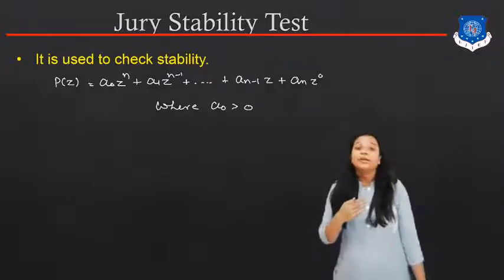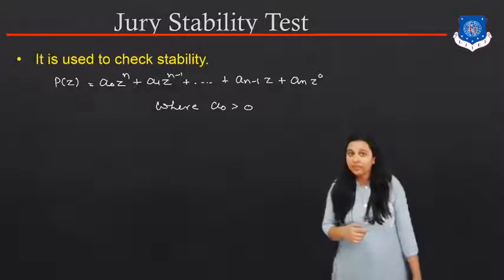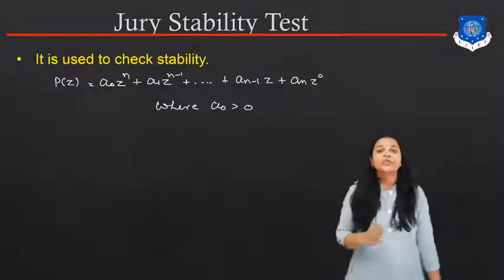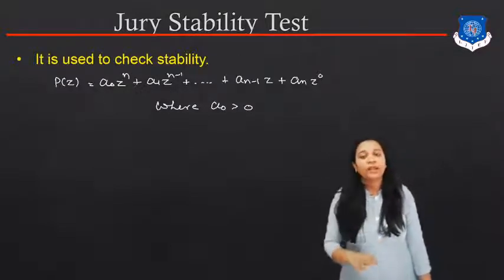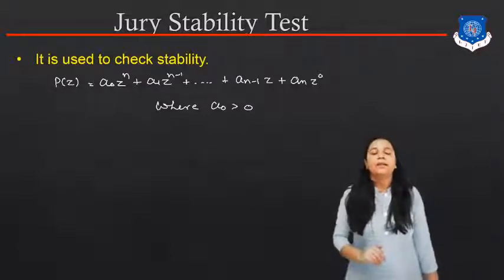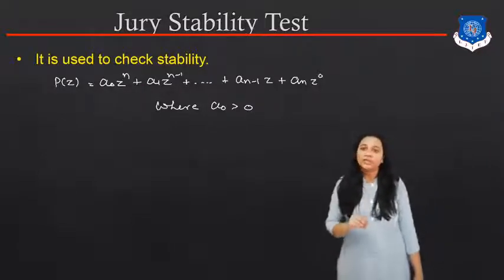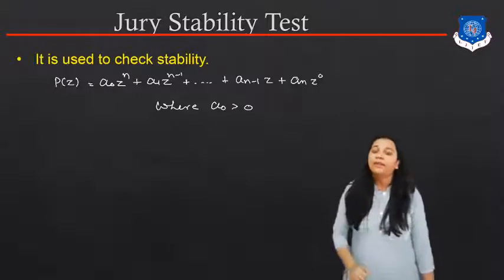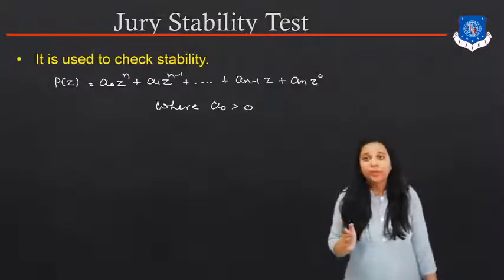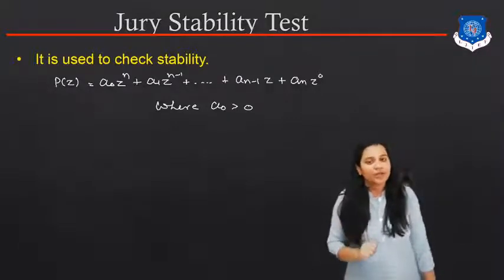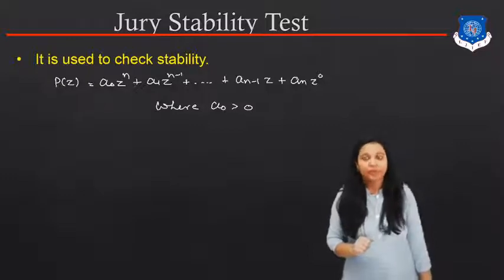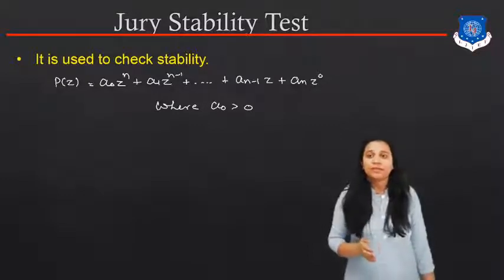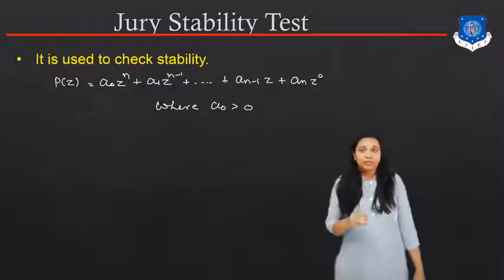So what are the disadvantages of the Jury stability test? Using the Jury stability test, we can only identify the stability of the system. We cannot identify the location of the poles or zeros for this particular plant or system.